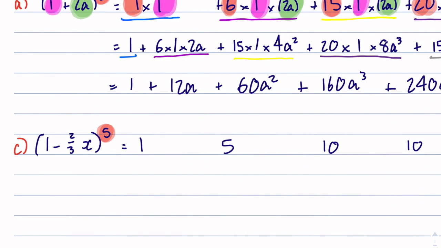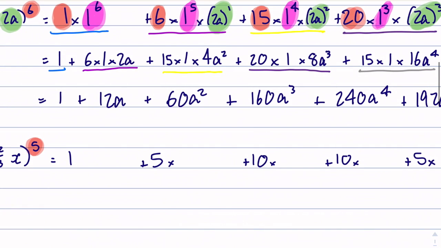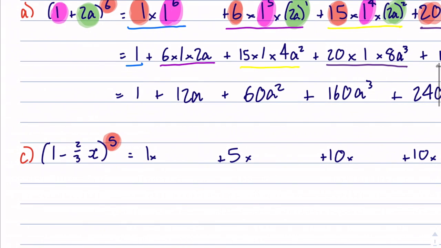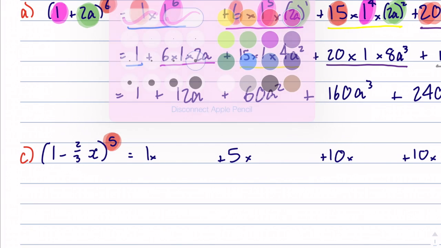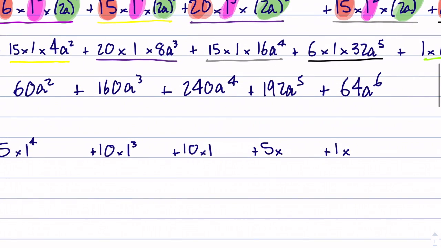Now, plus, plus, plus, plus, plus, times, times, times, times, times, times. As usual, we've got 1s to start with. This is nice and easy. 1 to the 5, 1 to the 4, 1 to the 3, 1 squared, 1. I think I'm going to need more space over here. Okay.